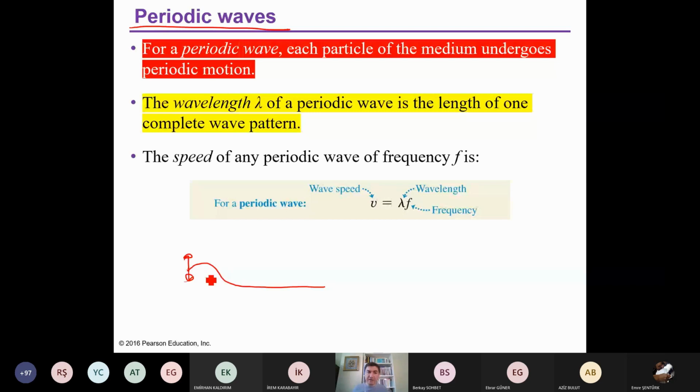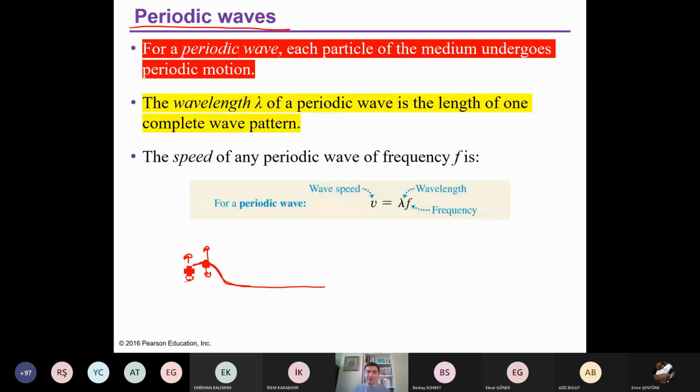Here we have a particle, let's consider, and this particle moves up and down with periodic motion, okay? It has a certain frequency, a certain amplitude, a certain angular frequency, okay? We have discussed all of these in the periodic motion chapter.